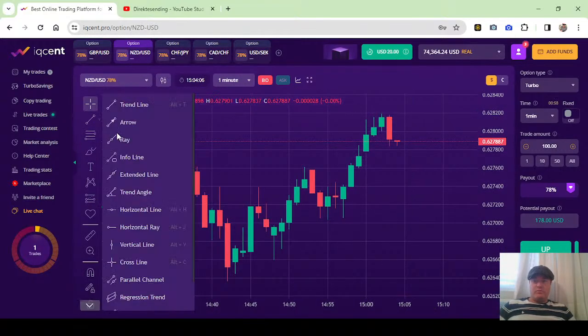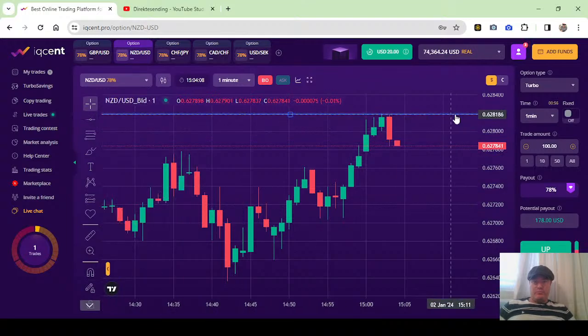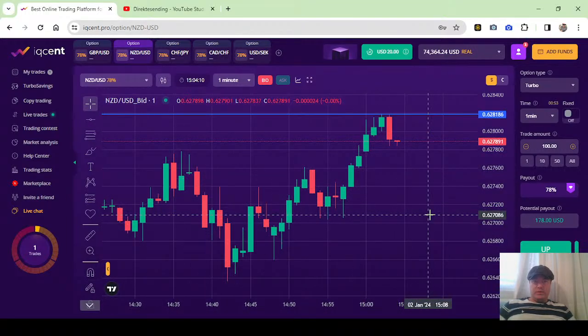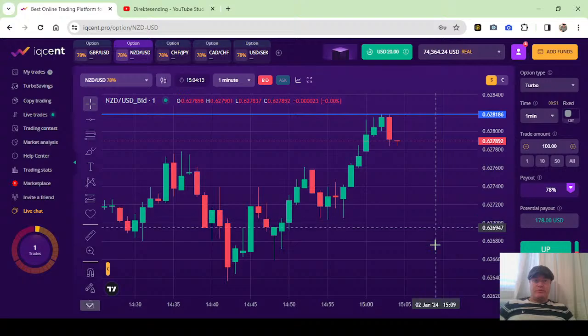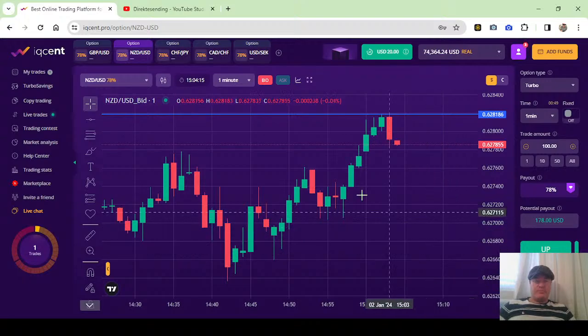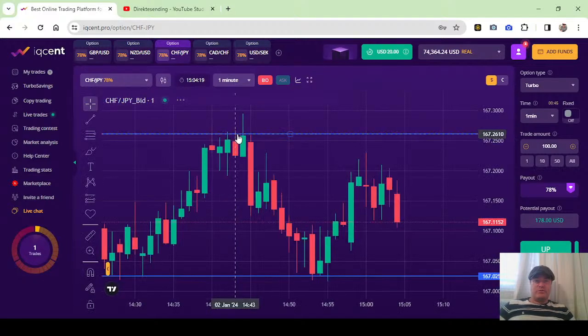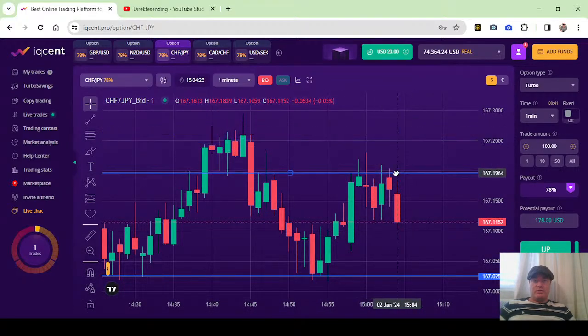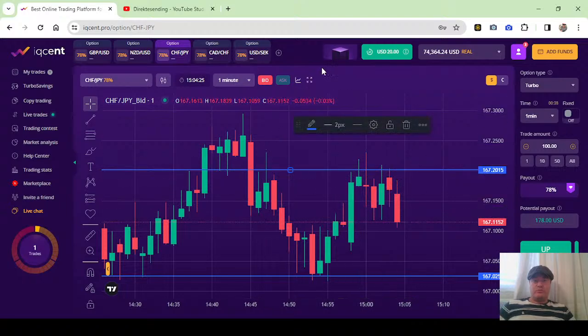Every time I come to a pair, I'll make my markings for where I will be interested to take a trade. So when we cross in, we can fast take a trade if we have a trading opportunity. Do you know what? I think this area starts to look good, so we can take a trade there.